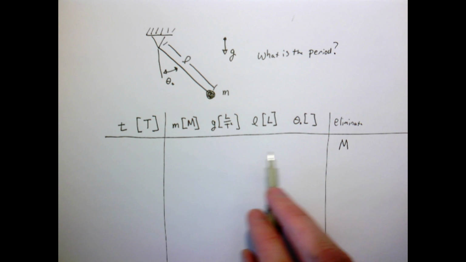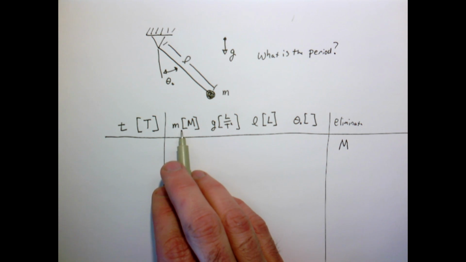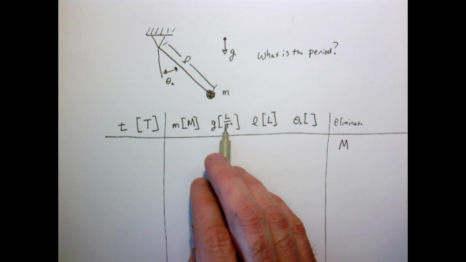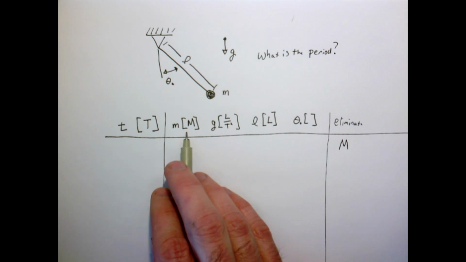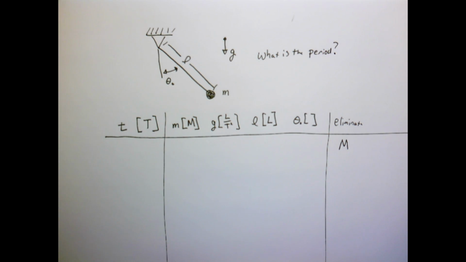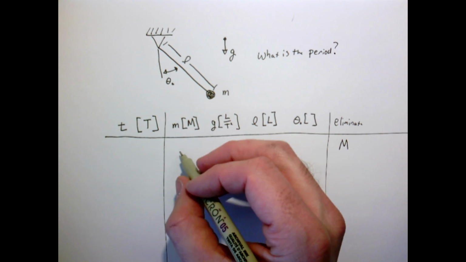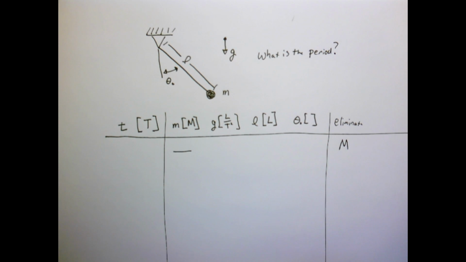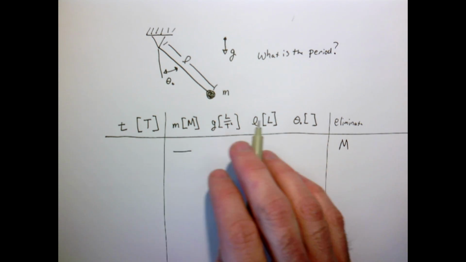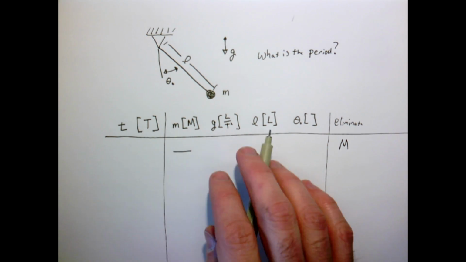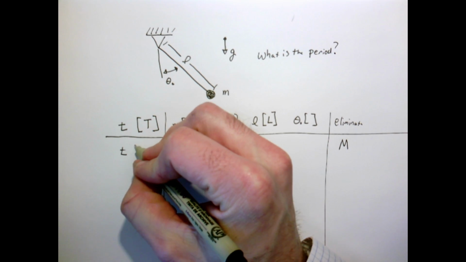This is a little bit of a tricky one because there's only one parameter that has the units of mass in it, right? There's nothing here, nothing here, nothing here, only the mass m. So that tells us something quite simple right from the start, which you might have already guessed or known, which is the mass of the pendulum does not influence the period. We can see that simply from the units because there's no way for me to remove m from the problem. So we've gotten rid of one parameter.